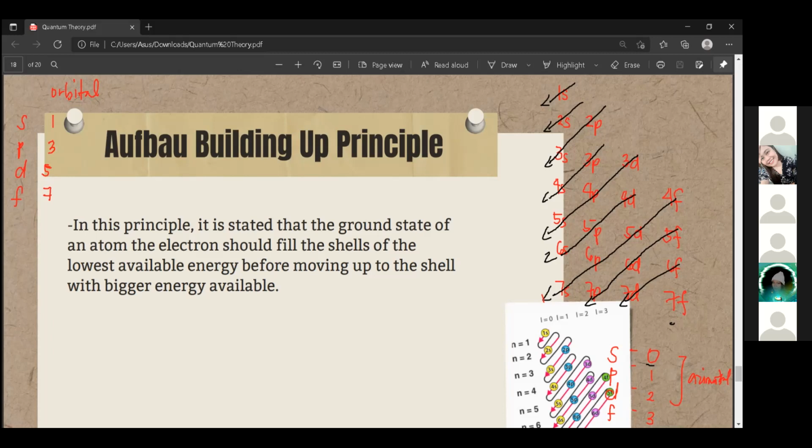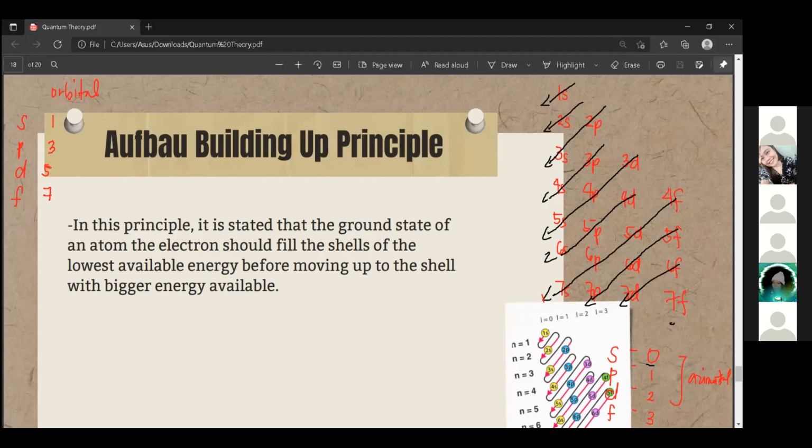So mauna ang pag-fill in sa 2p kaysa sa 3s. Dili sila pasunod nga 1s, 2s, 3s, 4s hangtod 7s, nya usa pa ka mag 2p. Dili na. Depende siya sa energy sa mga orbitals or sa mga electron shells. That's according to Aufbau principle. So mao na ang arrangement sa electron configuration.